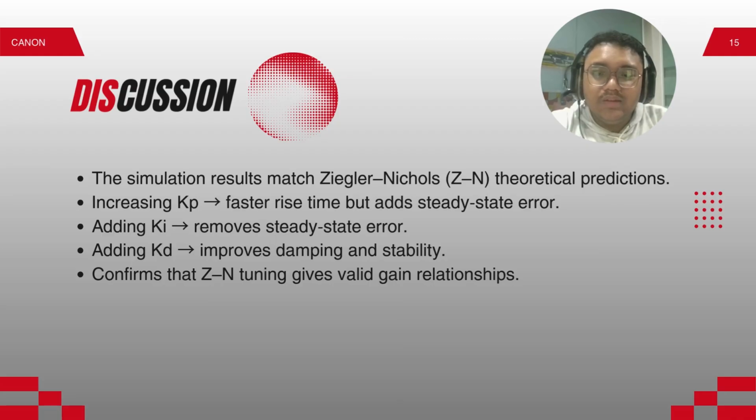So, KD plays an important role in making the output smoother. Finally, this observation confirmed that Ziegler Nichols tuning provide valid and reliable gain relationship for setting KP, KI, and KD. That conclude the discussion for this slide.